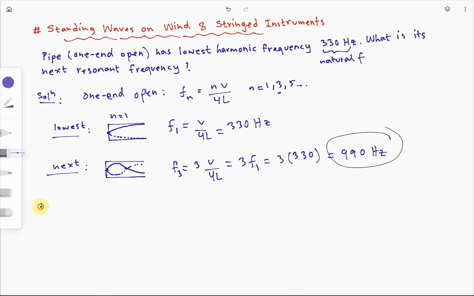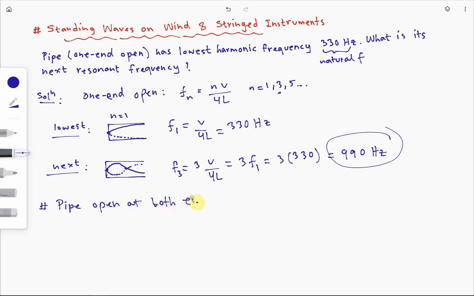Now what if the pipe is open at both ends? If we ask the same question for the same natural frequency, how does the answer change? Well, for pipes open at both ends, the harmonic frequency progression goes like n times v over 2L.